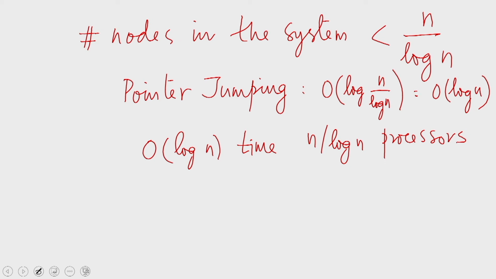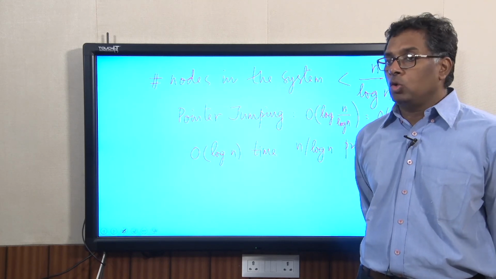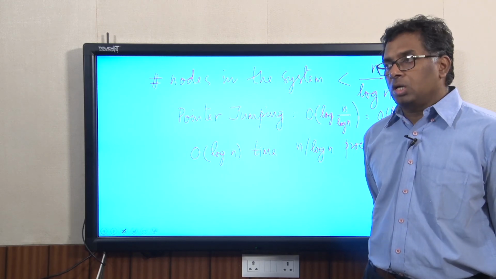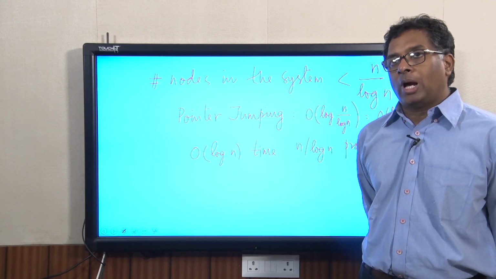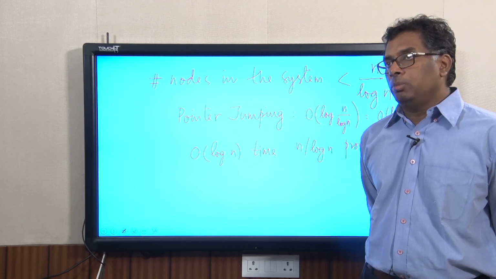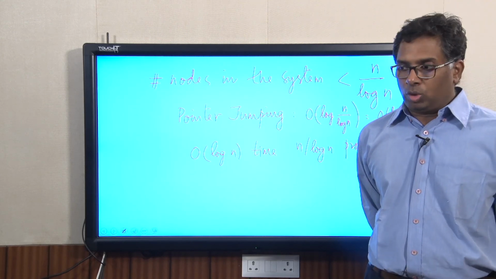On this reduced list, we will run the pointer jumping algorithm, which runs in order of log n time, since now we have the number of nodes equal to the number of processors. After this, the third phase starts, in which the vertices are inserted back into the list in the reverse order in which they were removed. When the list is completely populated, we have the original list with the rank for every vertex computed.